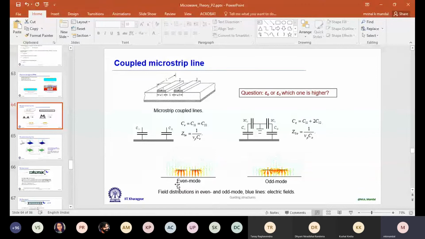Sometimes it's really difficult to understand whether we have an electric field component from the left guiding structure to the right guiding structure. So it is better to find out whether the electric field on both sides is in the same direction or in opposite direction. So you take this example.